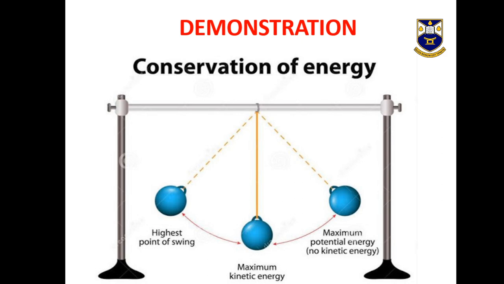At a point in time, as we saw in the second lecture, you are likely to see the ball at a height. At another point, you see it down. Supposing we take this point as the starting point, it goes to the left, comes to the right, and so on and so forth.